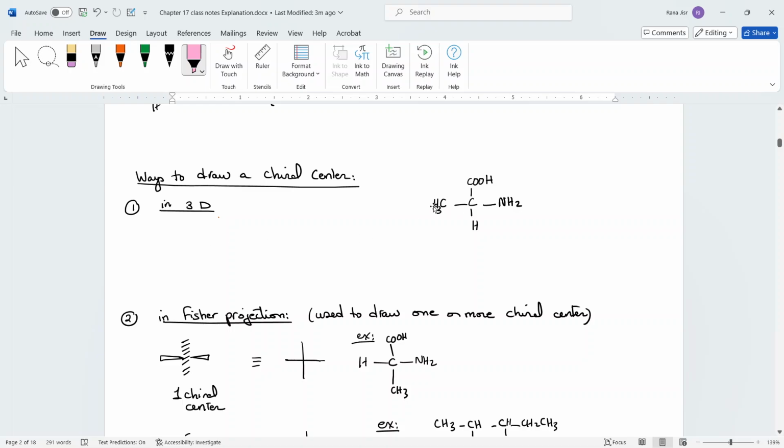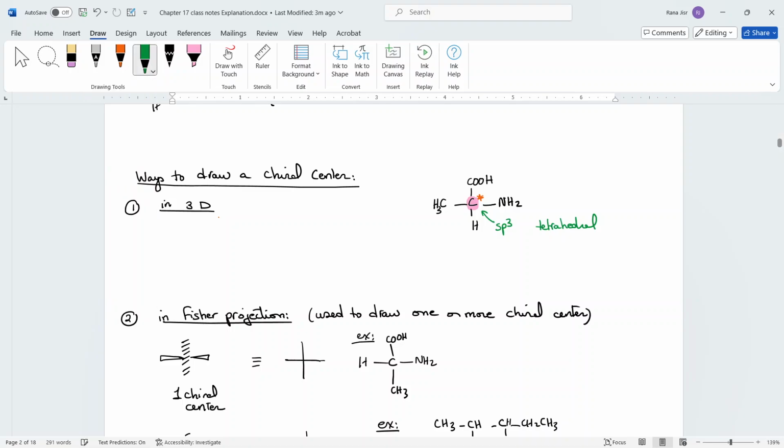So let's say if I give you this structure here and ask you, find the chiral center and draw it in a 3D. So the first thing that you would need to do is locate the chiral center, put an asterisk around it in there. We know that that chiral center is an sp3 hybridization, right? And an sp3 hybridization has a geometry of a tetrahedral.